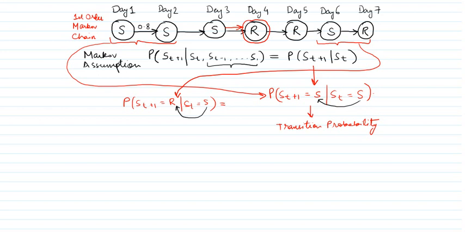Since we have P of S_{t+1}, it is the same random variable with two values, one sunny and one rainy, so we can directly calculate P of S_{t+1} here. And we have only two values, sunny and rainy, so the other value would be 0.2, that is, 1 minus the previous one.